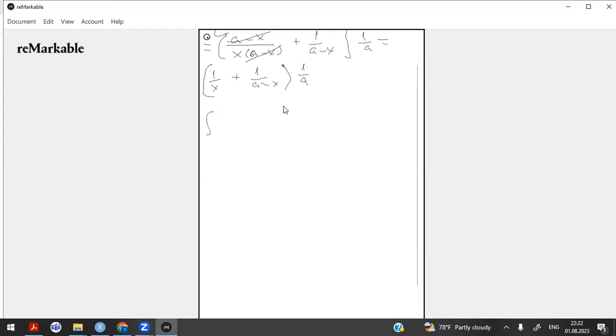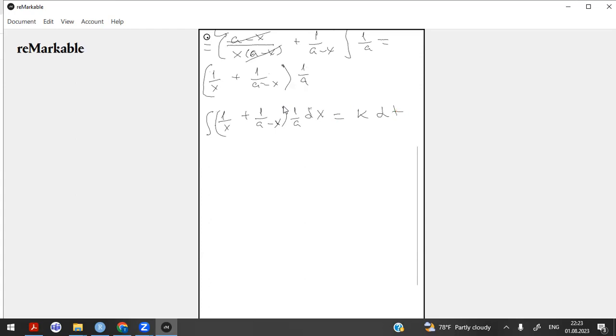We want to integrate 1 divided by x plus 1 divided by a - x, and this whole thing multiplied by 1 over a, dx equals k dt. I hope I'm not missing anything.